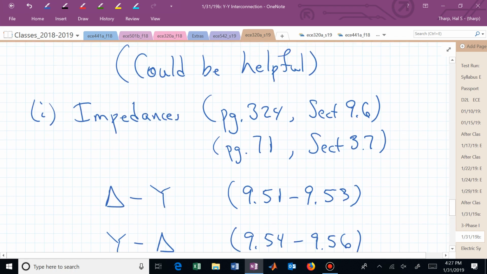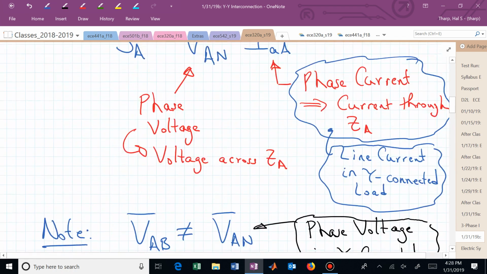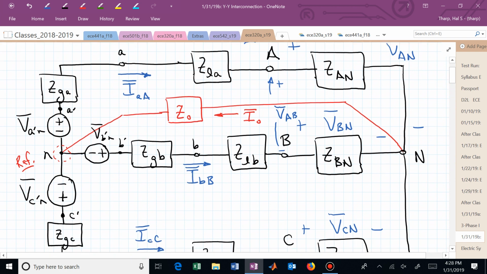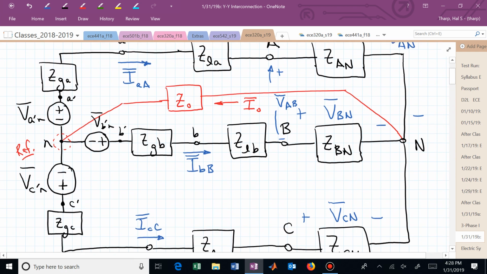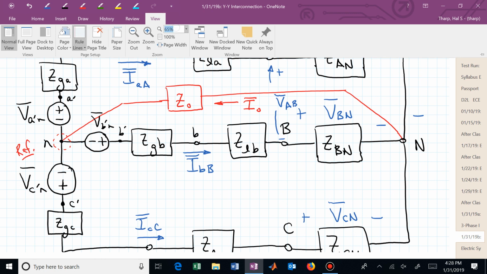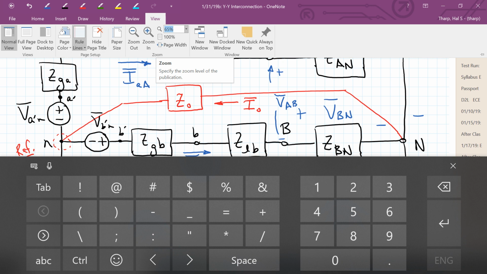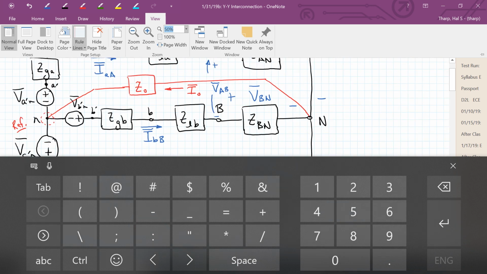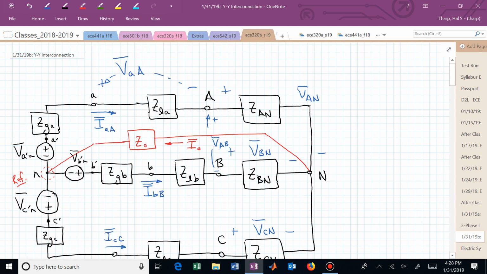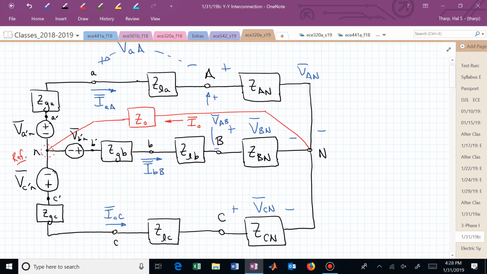So let's go back and find the circuit that I want you to now try to analyze. Now you can see it on one screen, maybe.